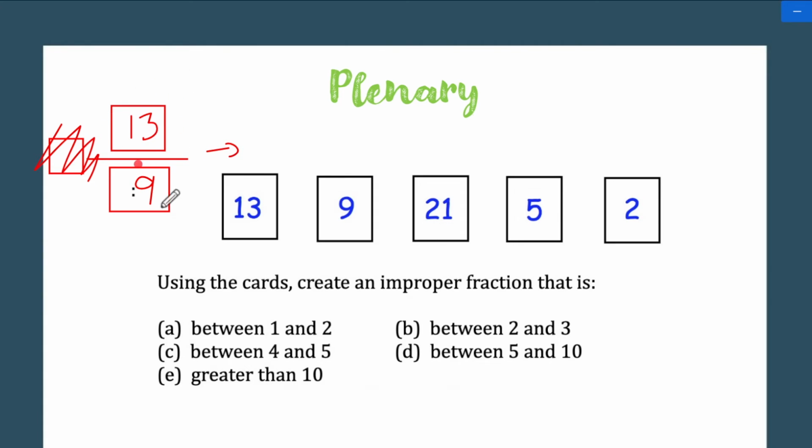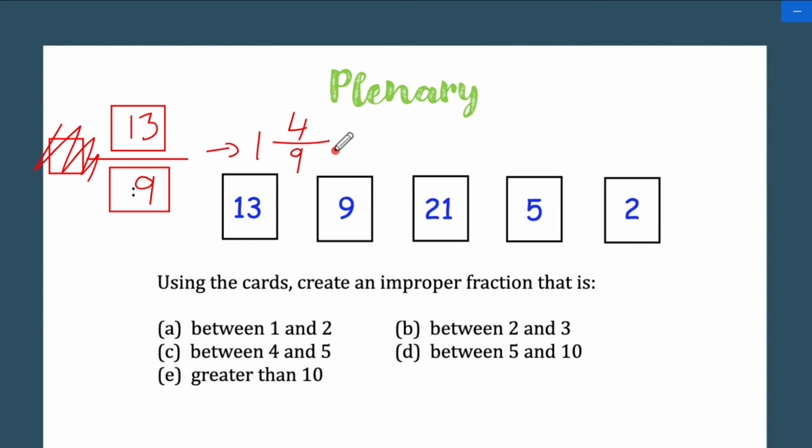This would be converted into a mixed number as 9 goes into 13 once, and there's a 4 over 9. So this number is definitely between a 1 and a 2, because it's 1 and a bit. And we know this bit is less than 1, so it's 0 point something.